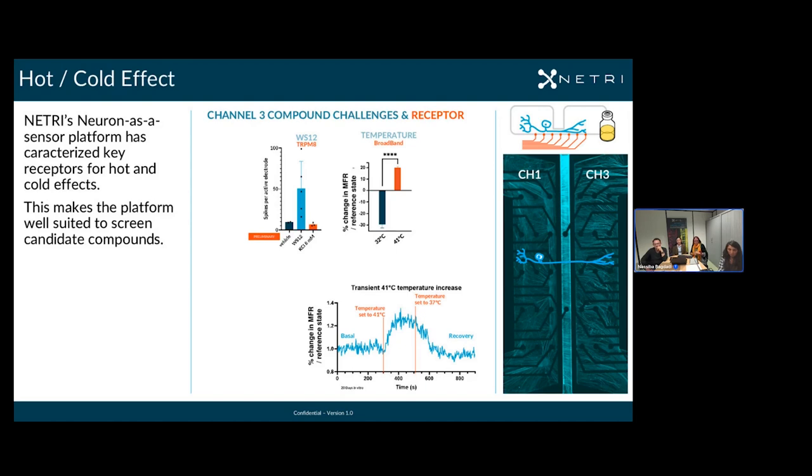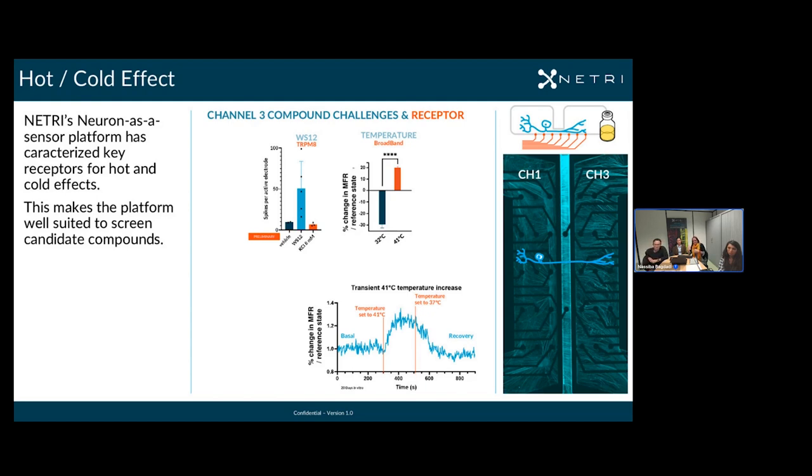So here's an example of temperature and how we can differentiate and have a different electrophysiological signature depending on whether the cells are at low or at high temperature compared to a 37 baseline. And those changes are really dynamic. If you look at the bottom graph, you can see that when you set the temperature, a few seconds later you will see the change in activity.